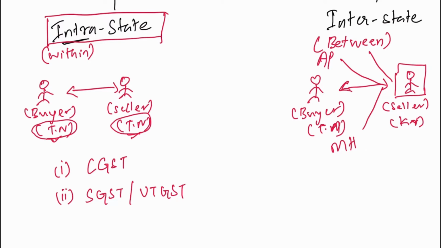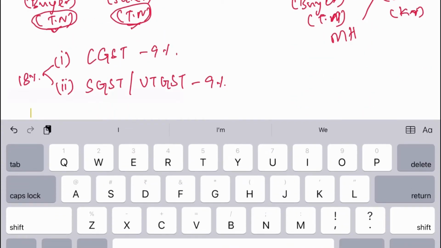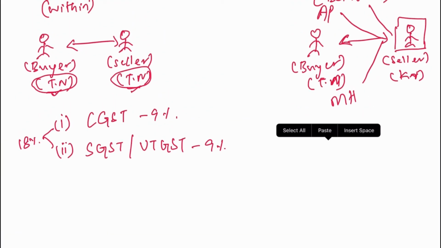So half of the tax, for example, if it is 18%, 9% I can give to CGST, and the remaining 9% I can give to SGST, that is only for the Tamil Nadu government. In case the state government is a union territory like Pondicherry, Delhi, then you have to use UTGST.